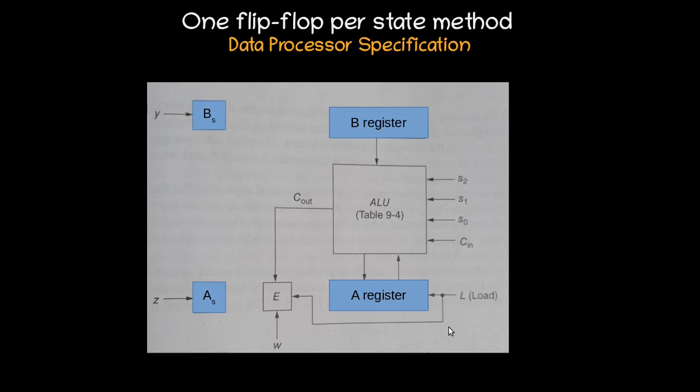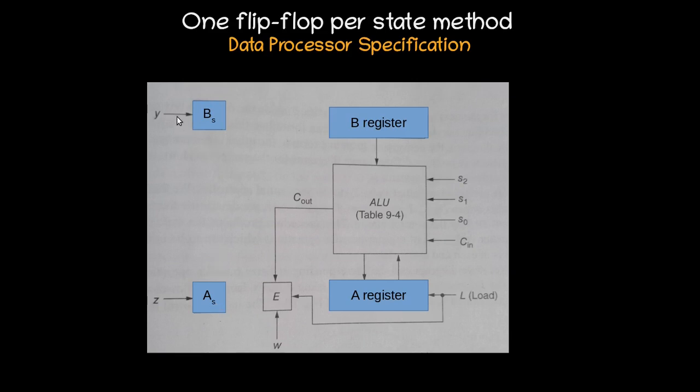Similarly, this load input is given as a control signal to E also. So the carry out from the ALU will be stored into the E bit only if the load signal is active, otherwise that will not be captured. Then Y and Z, these control signals will invert the sign bits.